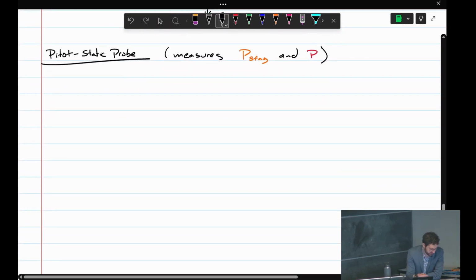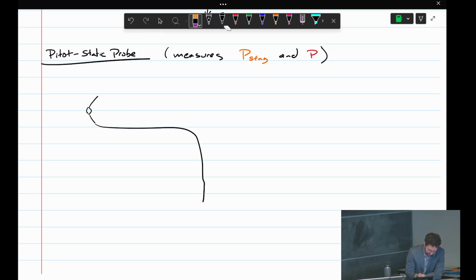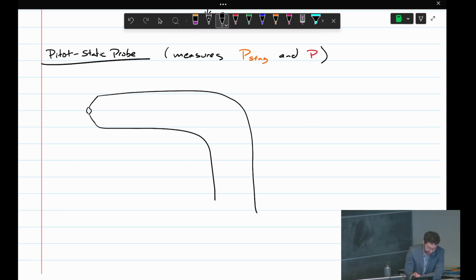So here's the basic design of a pitot-static probe. It looks almost identical to our pitot probe. I'll talk in a bit about the actual design of this device, but I'm greatly exaggerating the scales here. As you saw, this is a very small device. I'll talk about why we want to make it small.